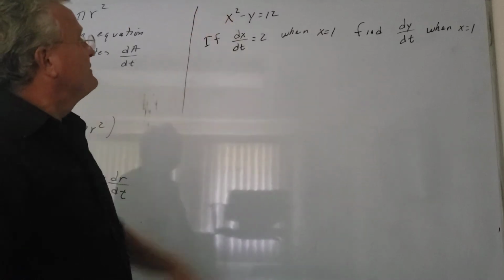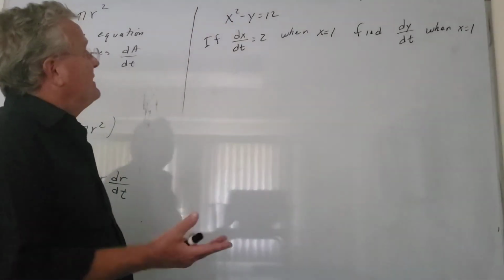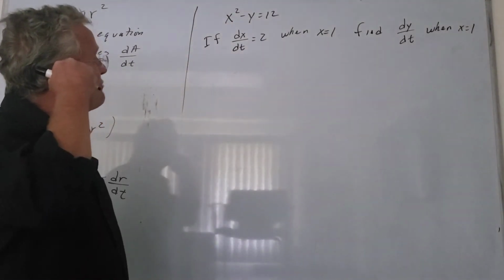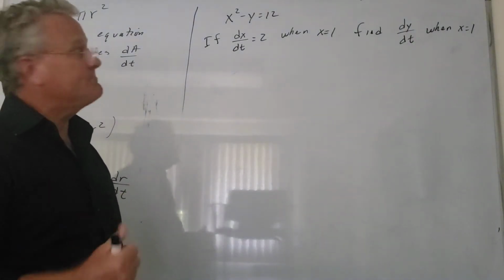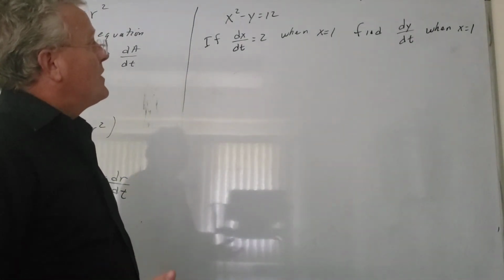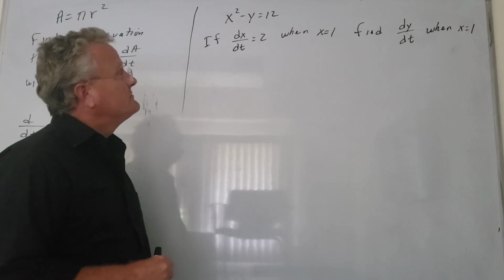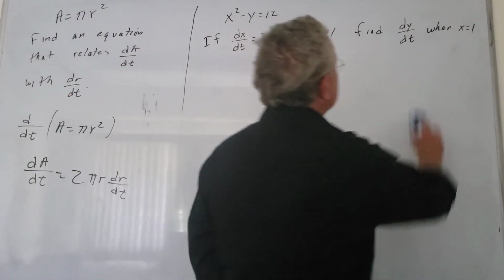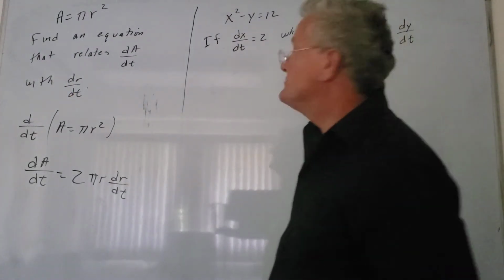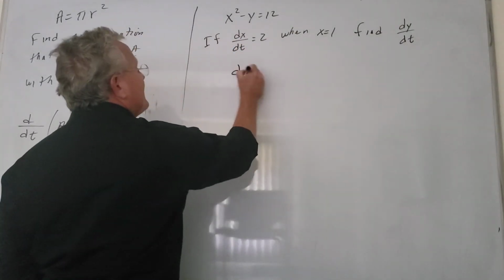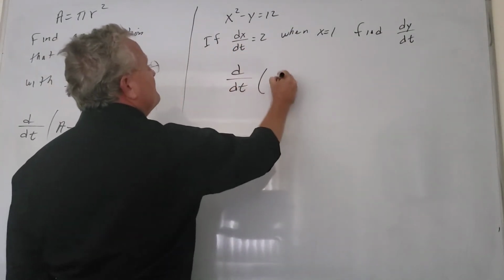So now we just have an equation with x and y, and we're told that the rate at which x is changing with respect to time is 2, and when x is 1, find dy/dt. So let's take the time derivative of this equation.